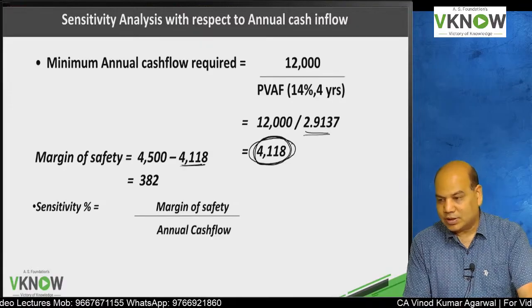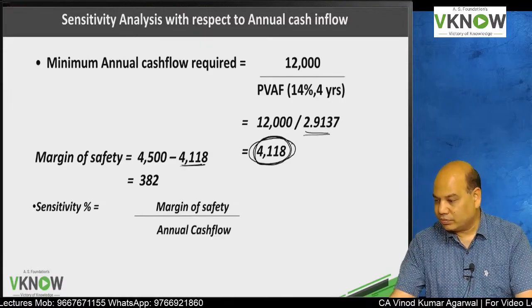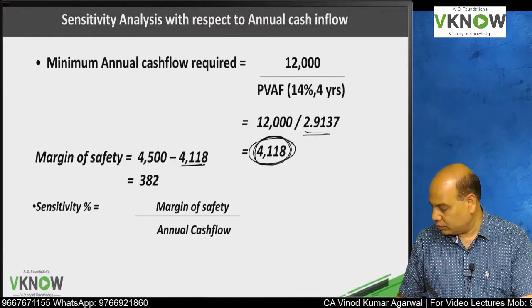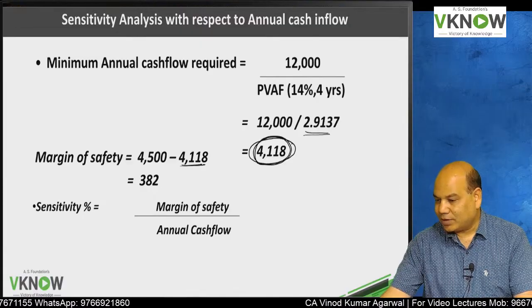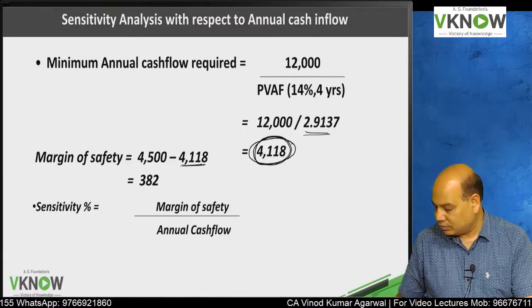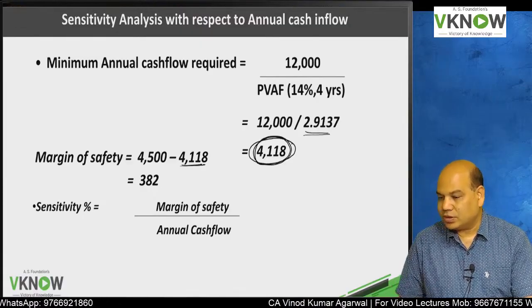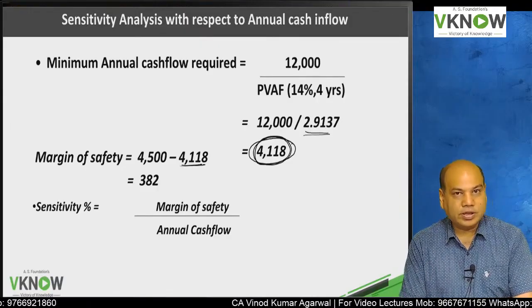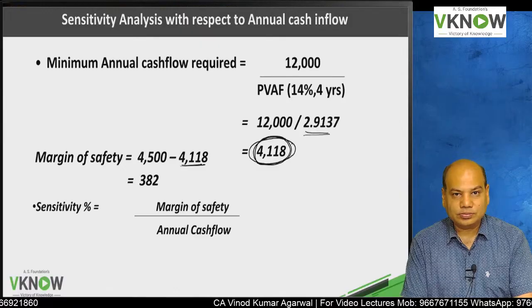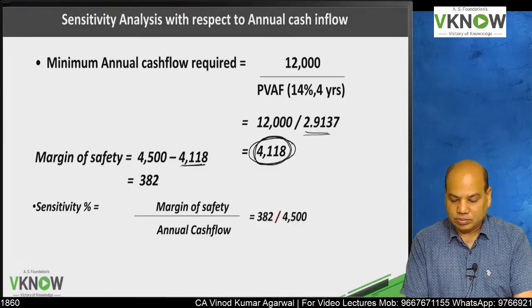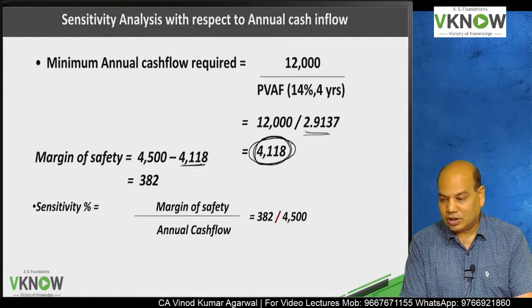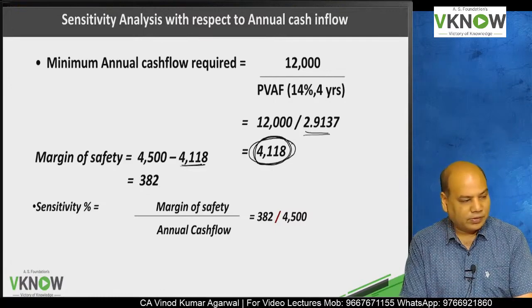Now write down sensitivity percentage. Sensitivity percentage will be margin of safety divided by annual cash flow. Margin of safety 382 divided by annual cash flow 4,500.